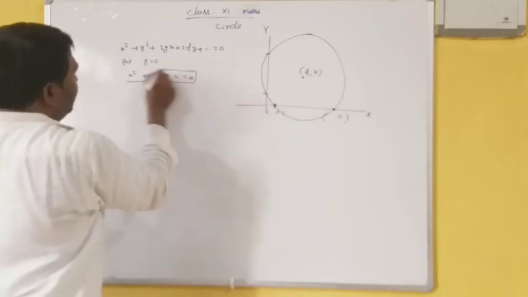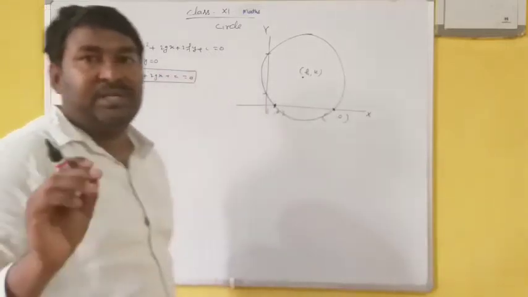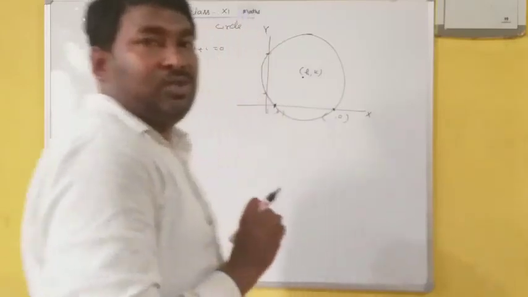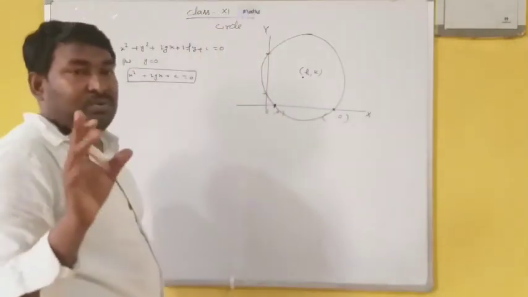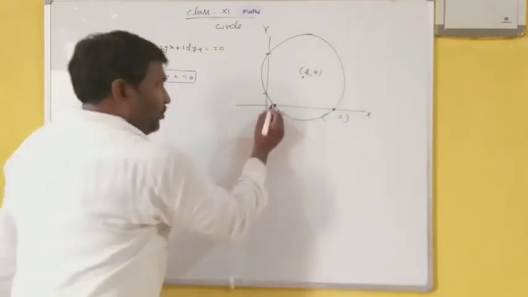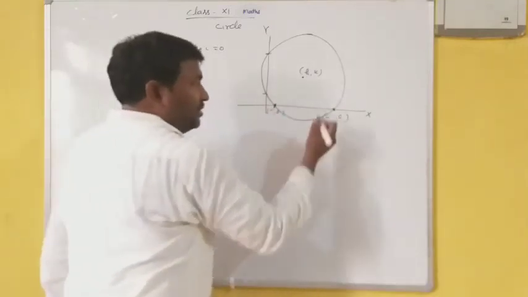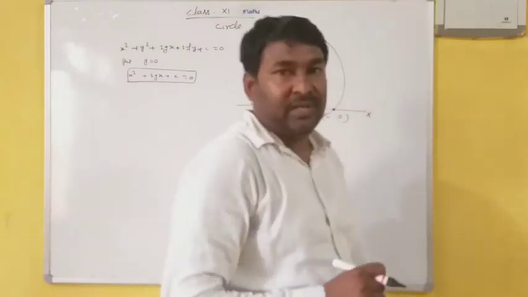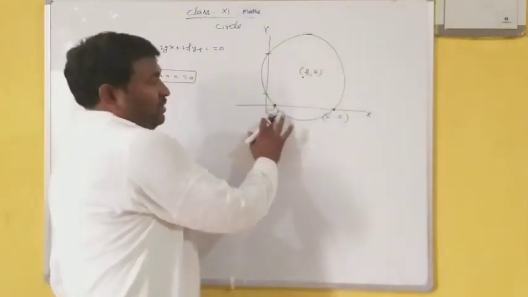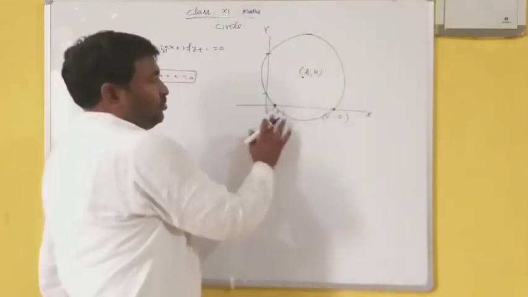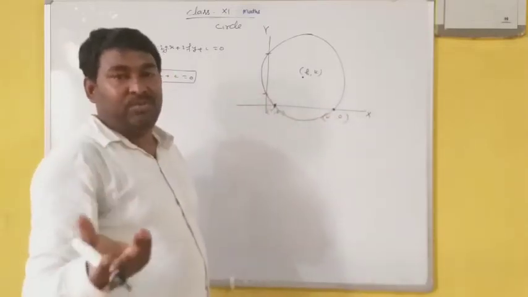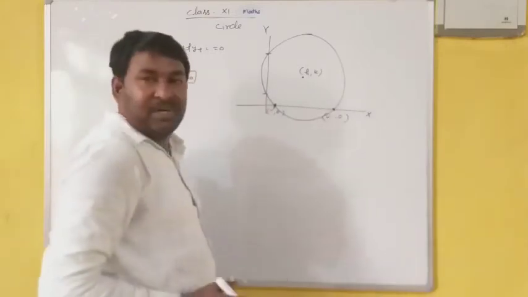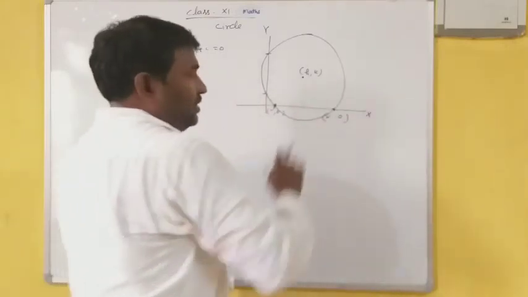From here you will get a quadratic equation in x. Solving this quadratic equation, you will find two values of x. In this way you get the coordinates of 2 points. Applying the distance formula, you can calculate the intercept cut by the circle on the x-axis.